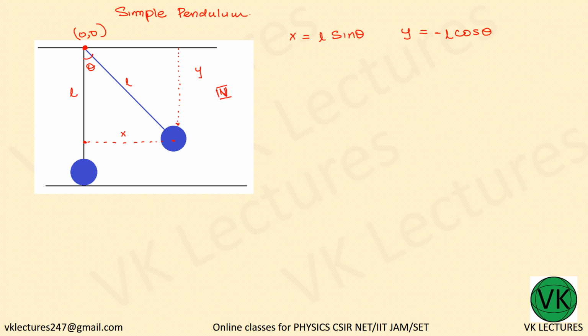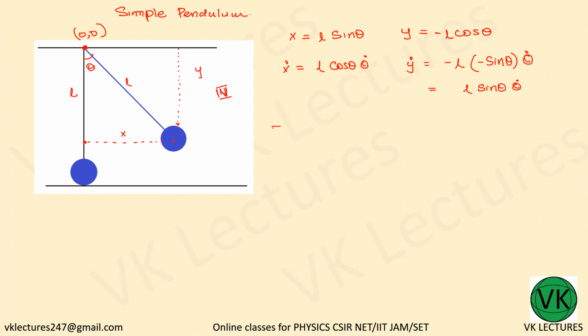Now finding out the velocity, x dot is equal to L cos theta theta dot, and y dot is equal to minus, minus sin theta theta dot, so that's equal to L sin theta theta dot.